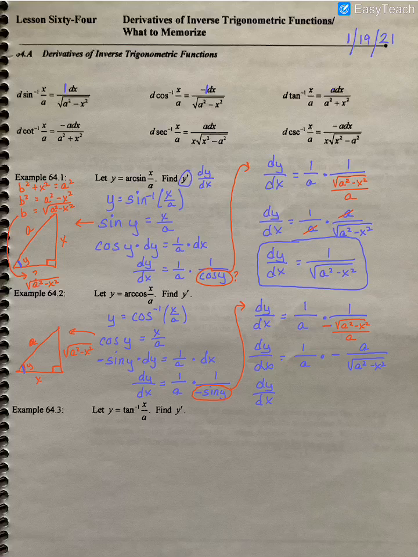In the final cleanup, you will notice that the a values will cancel. And we are left with the negative of 1 over the square root of a squared minus x squared. This would be the derivative of cosine inverse. Very similar to sine inverse, different by a negative sign.